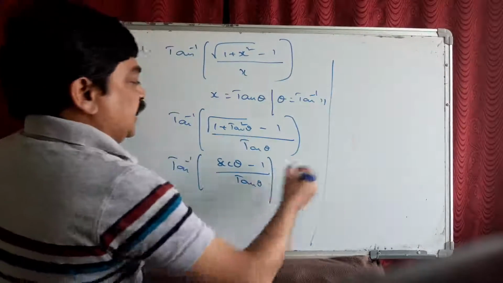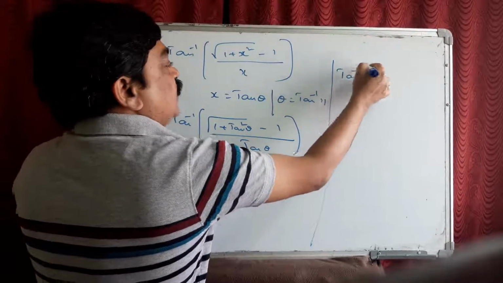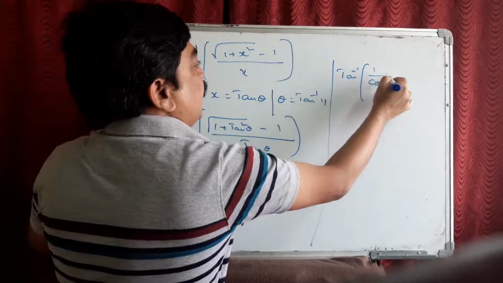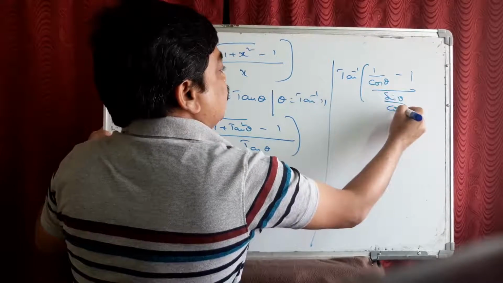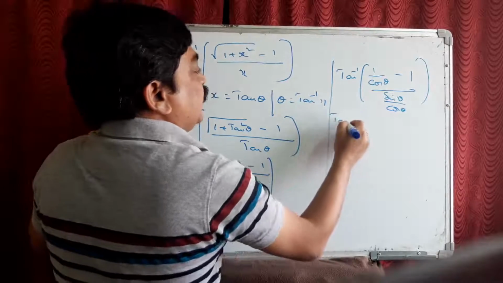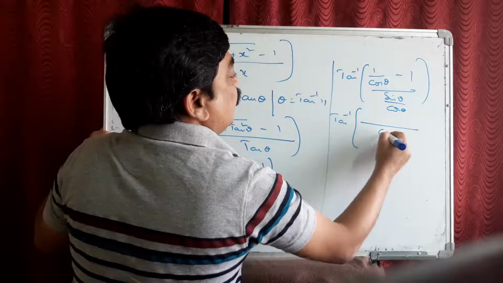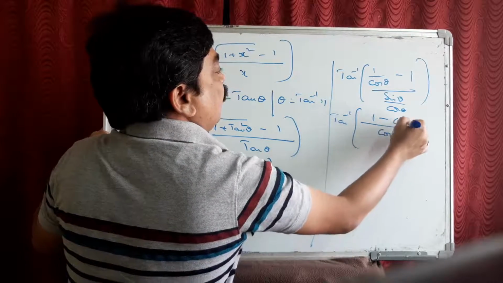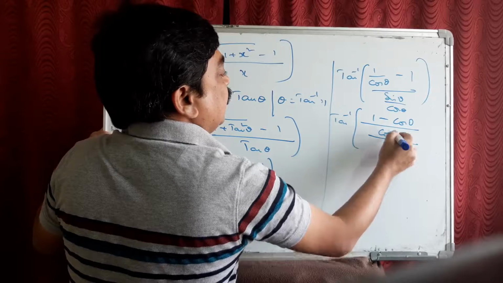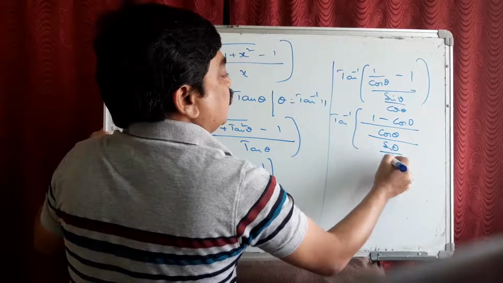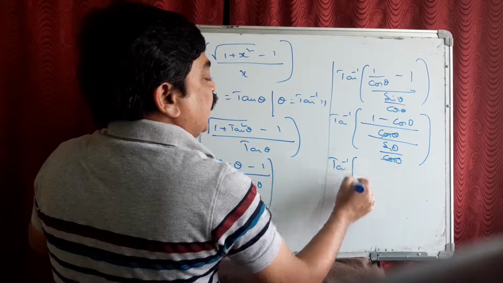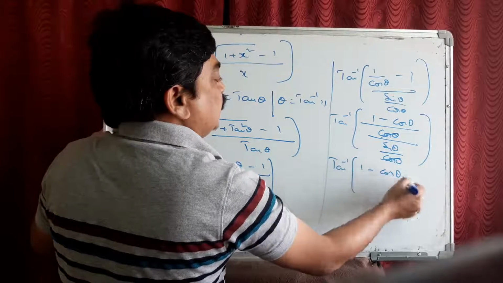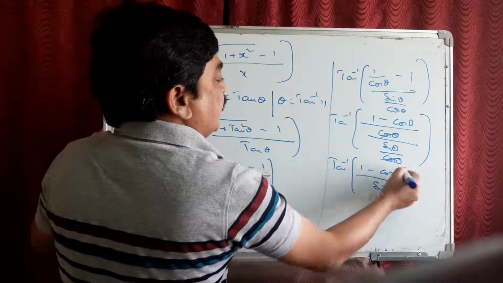Now write secant theta as 1 by cos theta, and tan theta as sin theta by cos theta. So tan inverse of (1 minus cos theta) by cos theta, divided by sin theta by cos theta. Cos theta can be removed: tan inverse of 1 minus cos theta by sin theta.